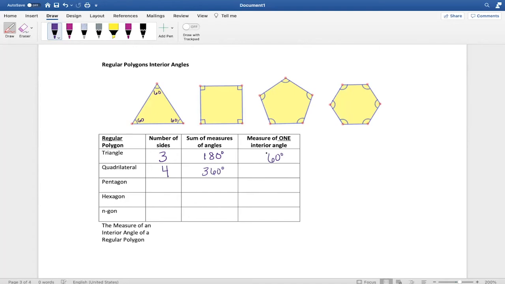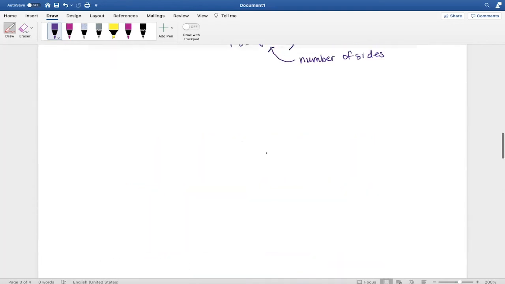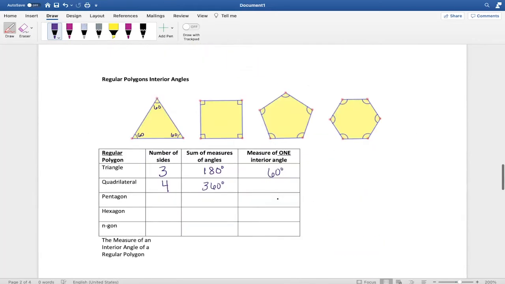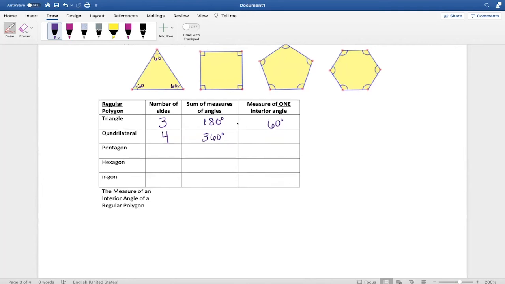Okay, and we also have this information from up above here. We're just kind of using what we did there. However, one of the interior angles would be 90 degrees. Okay, our pentagon has 5 sides, and that had a total of 540.